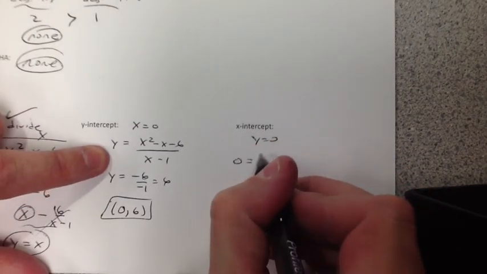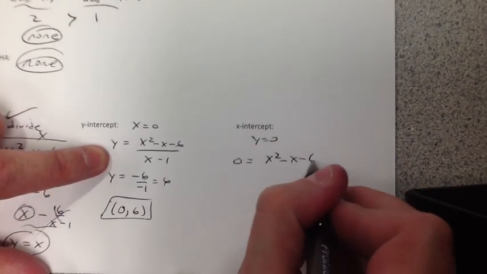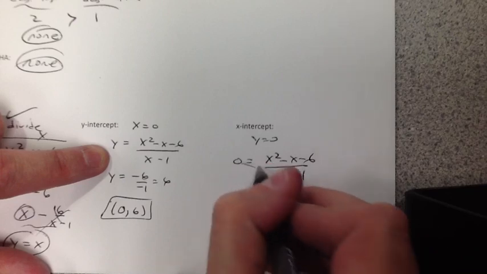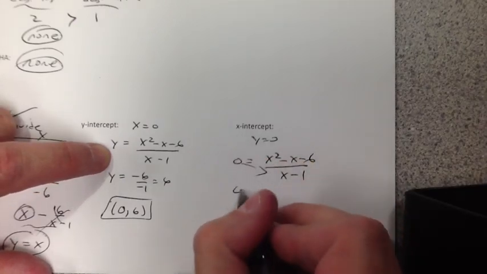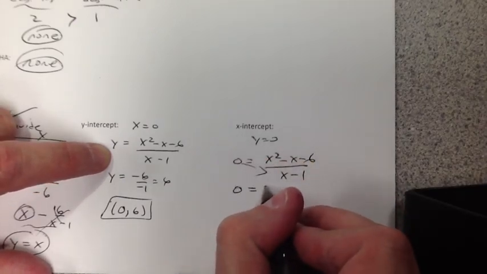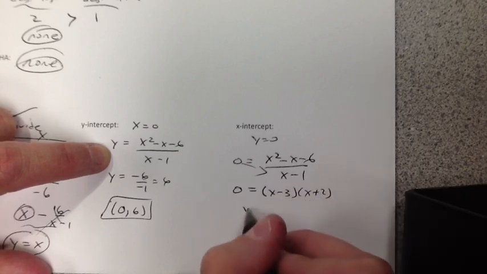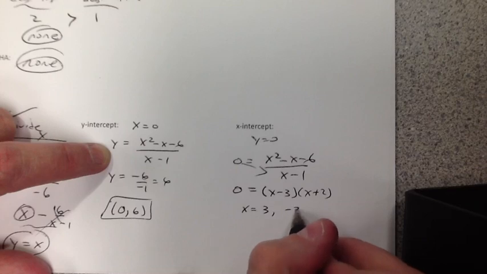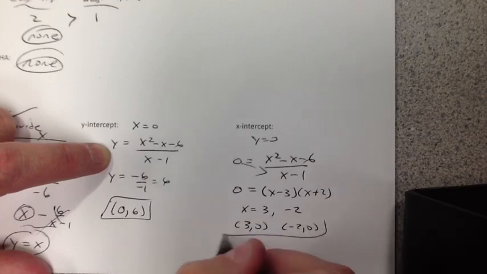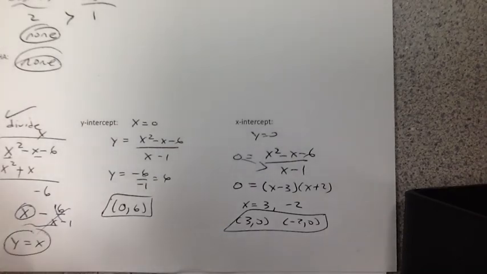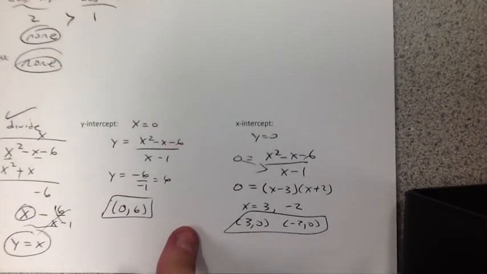Same thing, 0 equals x squared minus x minus 6 over x minus 1. Because I'm cross-multiplying, the x minus 1 goes away. And the top I can factor as x minus 3, x plus 2. So my x-intercepts are 3 and negative 2. So I can go (3, 0), (negative 2, 0). And now that's going to allow me to graph it.